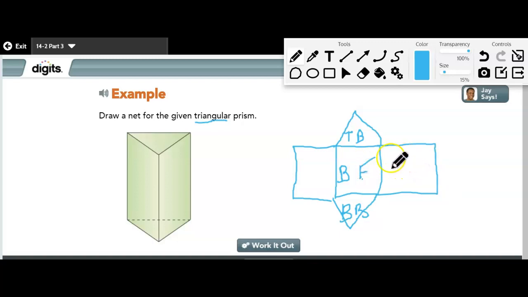This is the right face. This is the left face. Left face, right face.